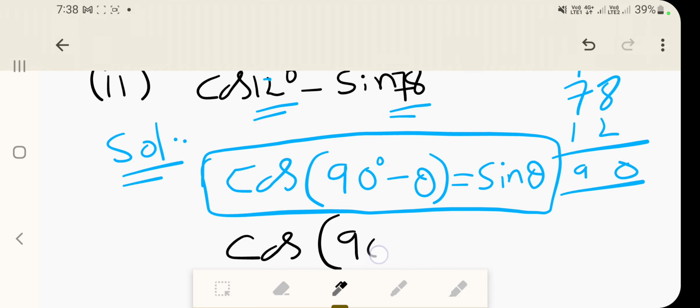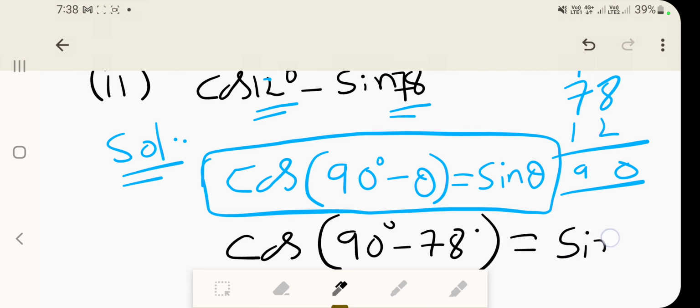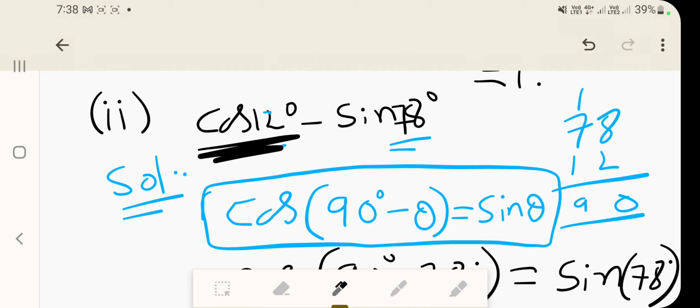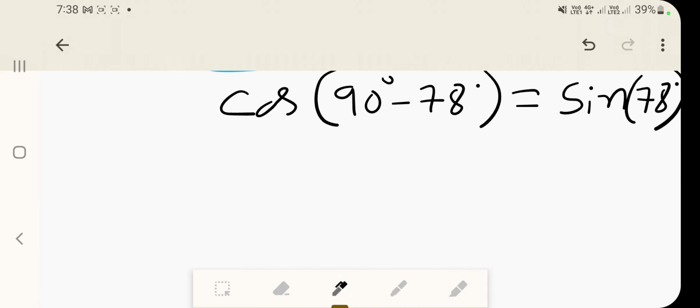So 12 can be written as 90 minus 78. Just now we have seen 78 plus 12 is 90, so 90 minus 78 is 12. Since cos(90 minus theta) is sine theta, we get sine 78 degrees. Now in place of cos 12 degrees we can substitute sine 78.